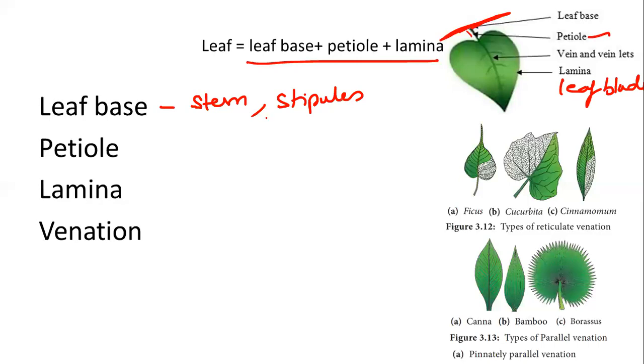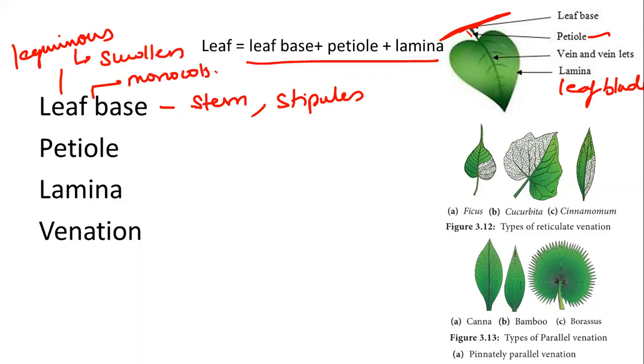In leguminous plants, remember this, the leaf base will be swollen, whereas in monocots the leaf base may be partially or wholly covering the stem.